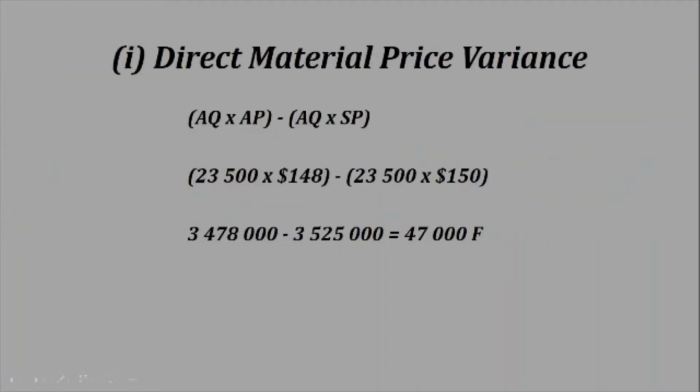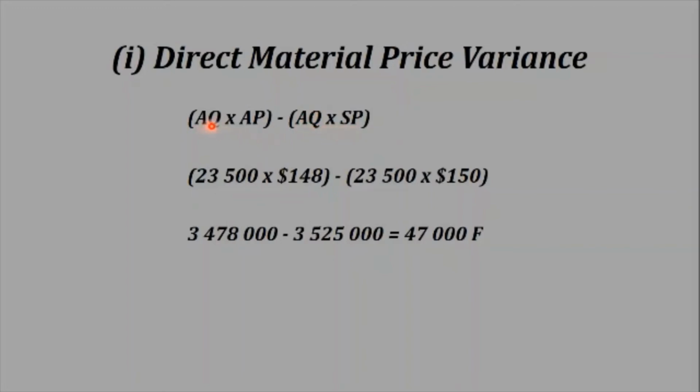Now, in order to calculate these sub-variances, you have to know the formula using the abbreviations that I just gave you there. For the direct material price variance, you need to know this formula here. The actual quantity multiplied by the actual price minus the actual quantity multiplied by the standard price.